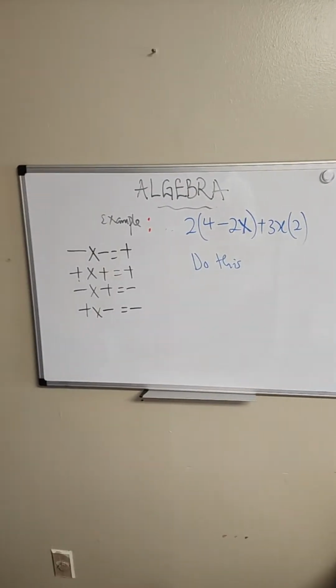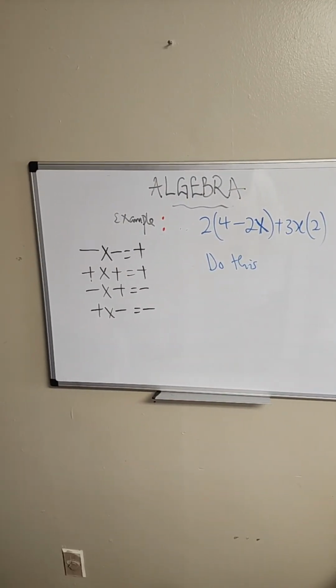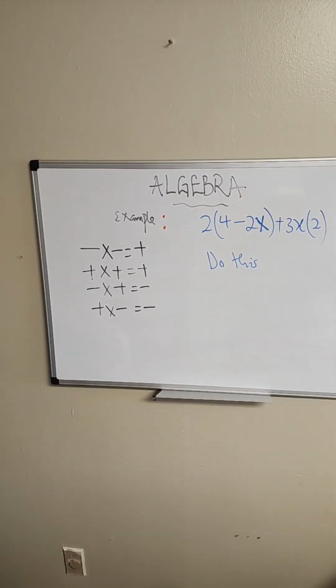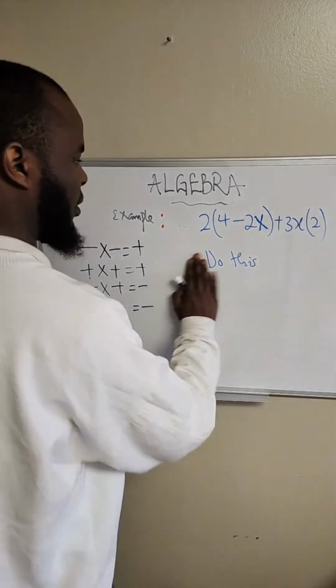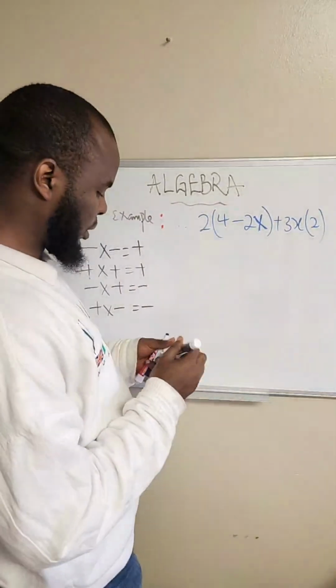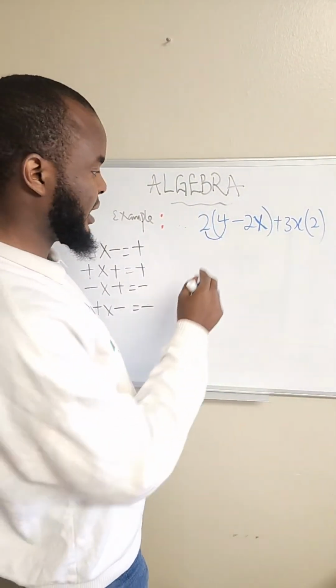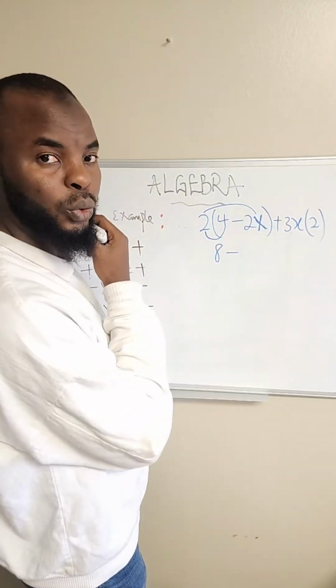Okay, I'm going to do the correction right now. Just stay with me. Yeah. No one has done it. Now, let's do the corrections together. So here we have 2 multiplied by 4 gives 8. 2 multiplied by 2x.